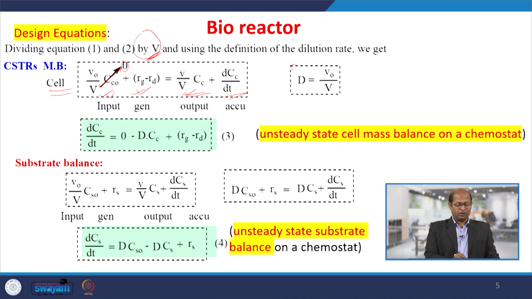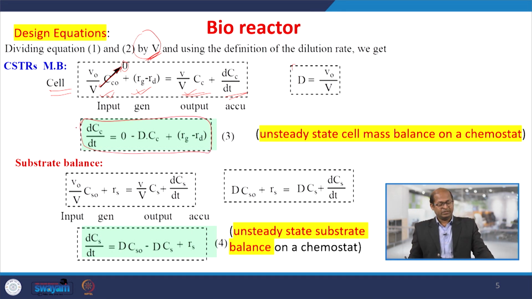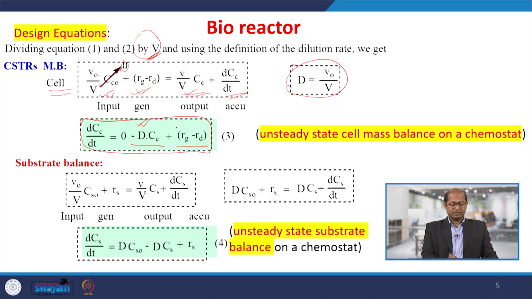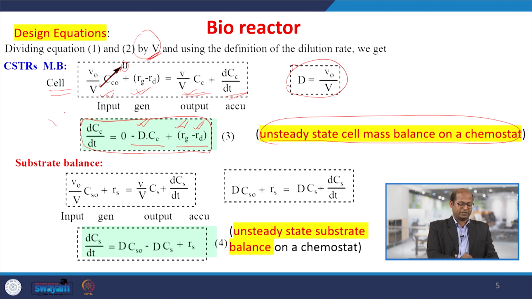After dividing by volume, equation 3 becomes dCc/dt = 0 - DCc + Rg - Rd. D is the dilution rate, V naught by V, and Cc is the cell concentration. Rg is the rate of cell formation and Rd is the rate of disappearance of the cells, that is the dead cells. So this is the unsteady state mass balance for the chemostat for cells.